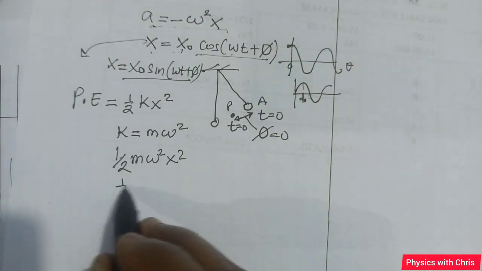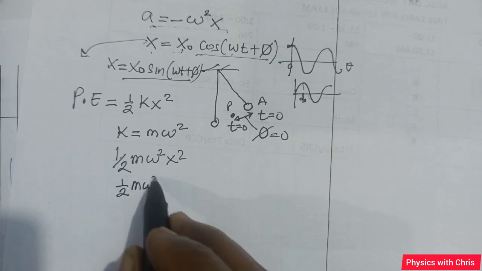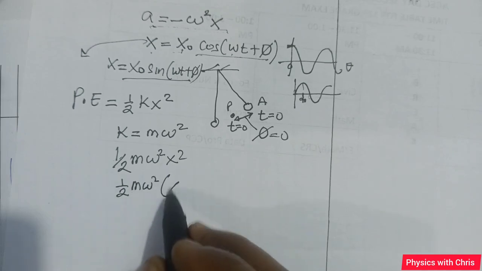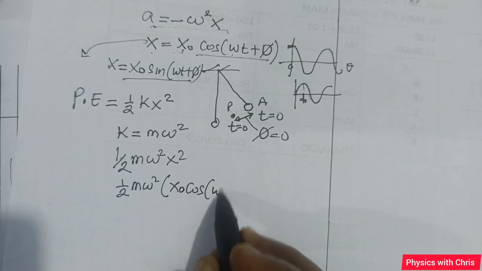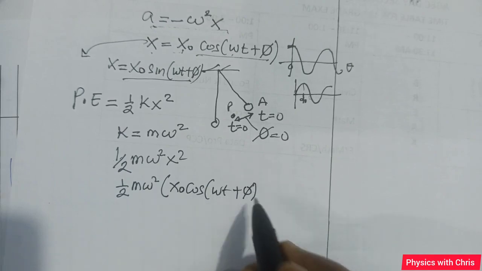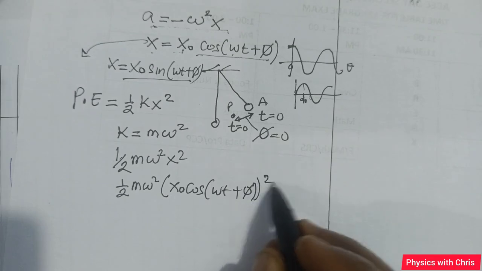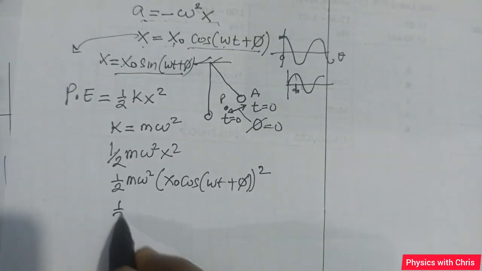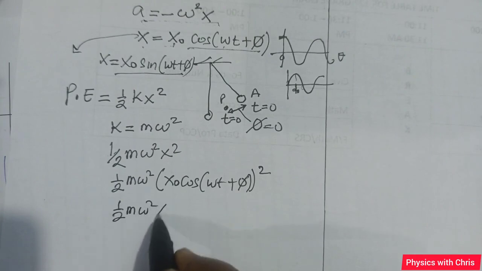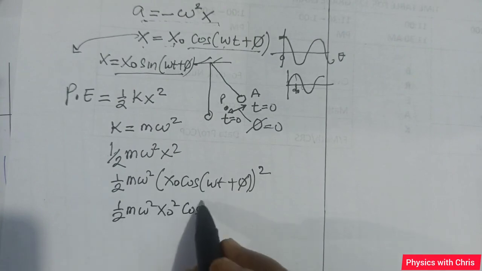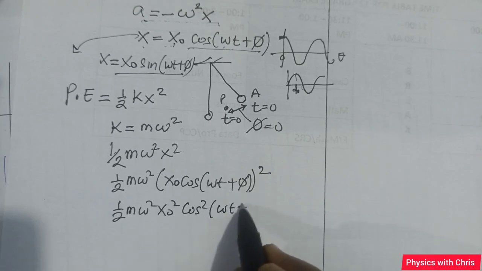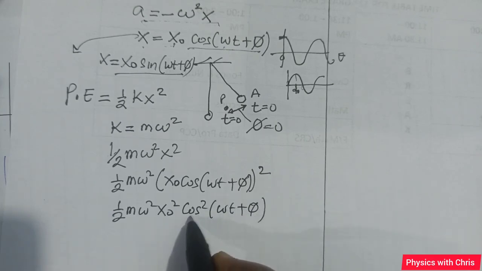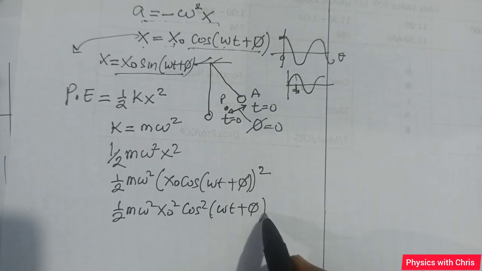That gives me potential energy as this multiplied by x naught cos of omega t plus my initial phase. Squaring everything gives me half m omega squared x naught squared cos squared of omega t plus phi. Cos squared is the same thing as finding the cosine and then squaring the result.